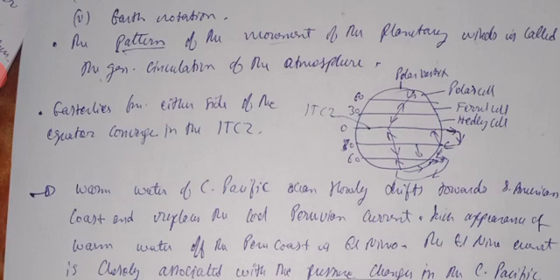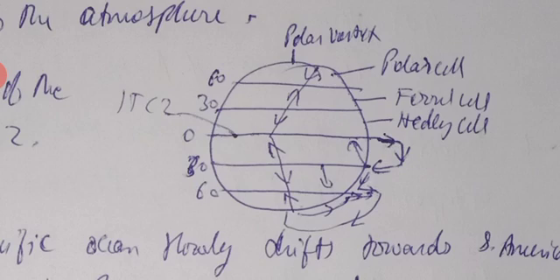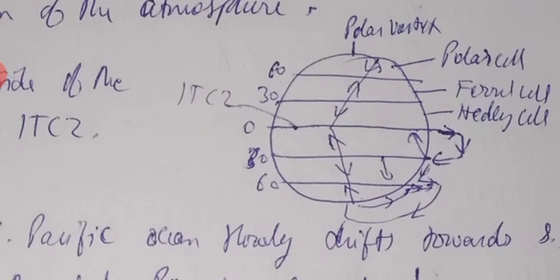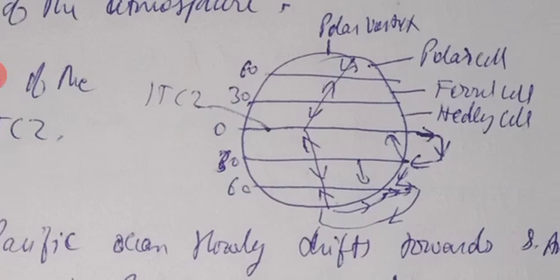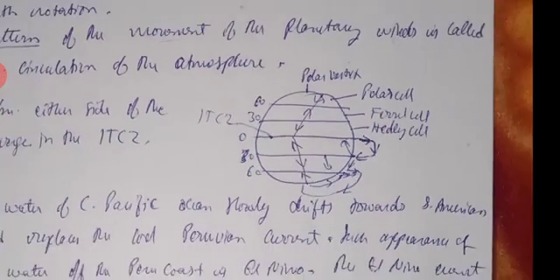Between 30 and 60 degrees is called the Ferrel cell, and between 60 degrees and the North Pole, or South Pole, is called the polar cell. And exactly above the North Pole, it is the polar vortex. So here the wind circulation takes place like the arrows.